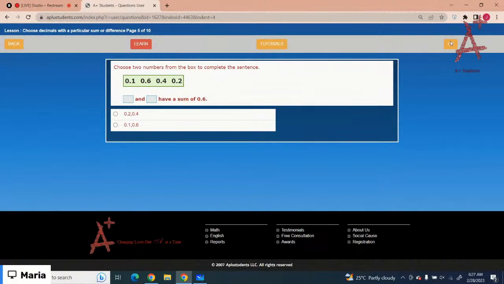Option number 1 is the correct option. Got it. 0.4 plus 0.2 makes 0.6. Got it.